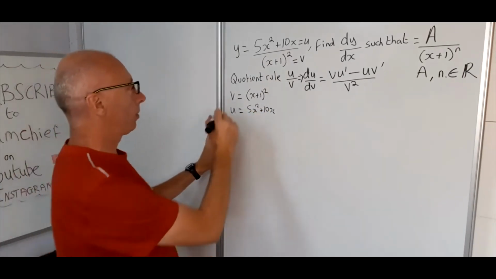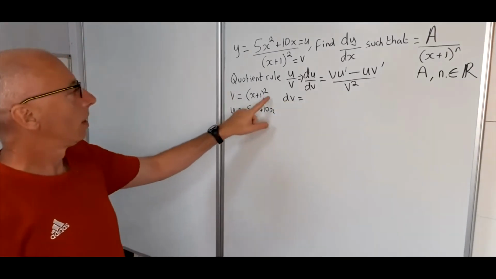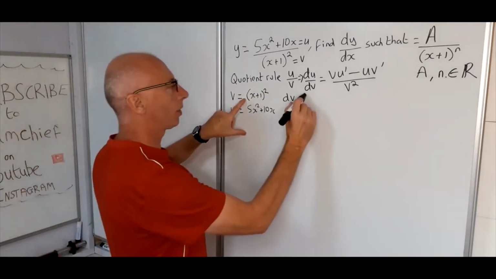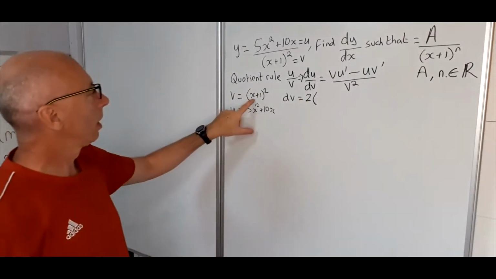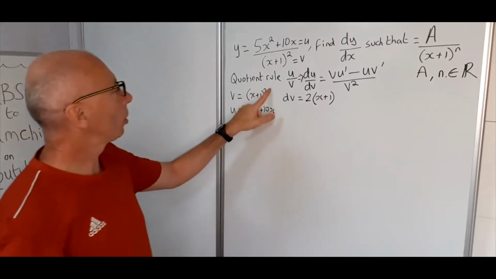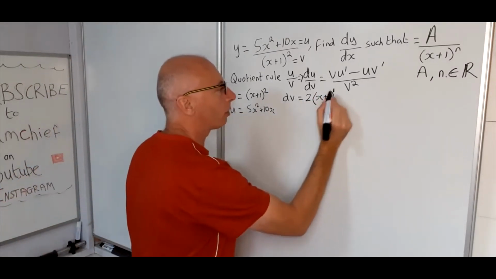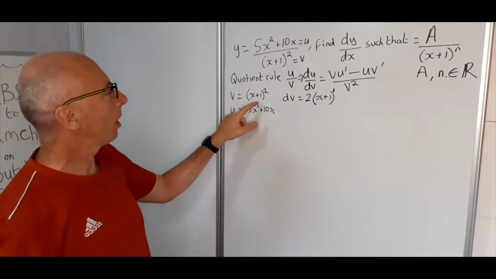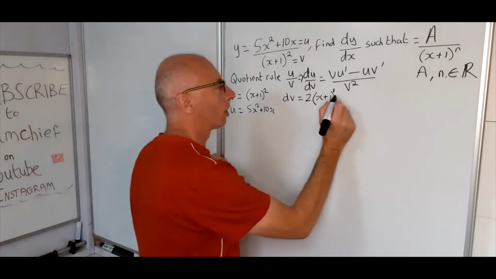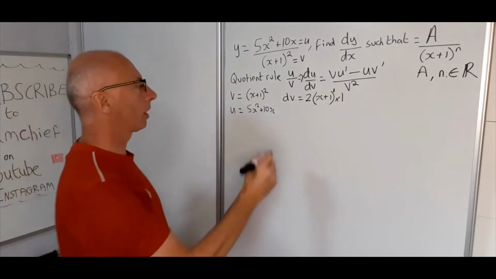So now if you take the derivative of both of these, therefore dv: using the chain rule, bring the 2 to the front, keep the x plus 1 inside here, reduce this index by 1, so 2 minus 1 is 1, we don't really need it, and then multiply it by the derivative of the inside. Well, the derivative of x plus 1 is 1, so I'm just going to write times 1. We don't need these ones here, but they're there so we know what we did.